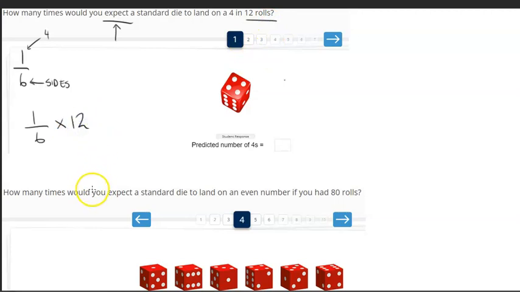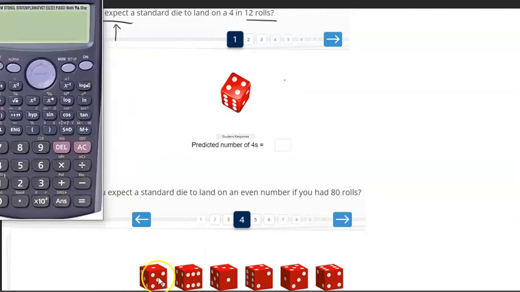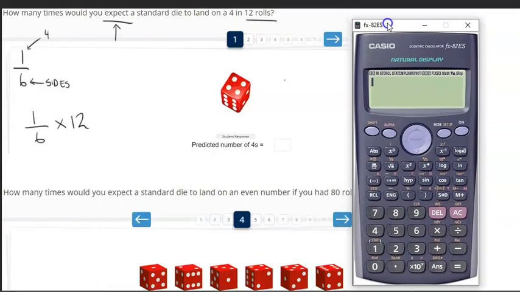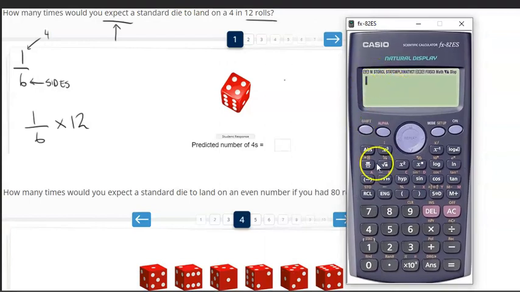So 1/6 times 12, or 1/6 of 12. If you're not too strong with your fraction ability, you can just go ahead and use your scientific calculator to do 1/6 times 12. What you end up getting is 2.